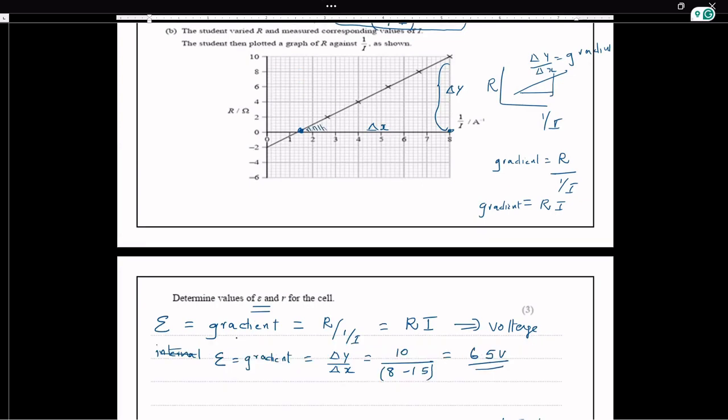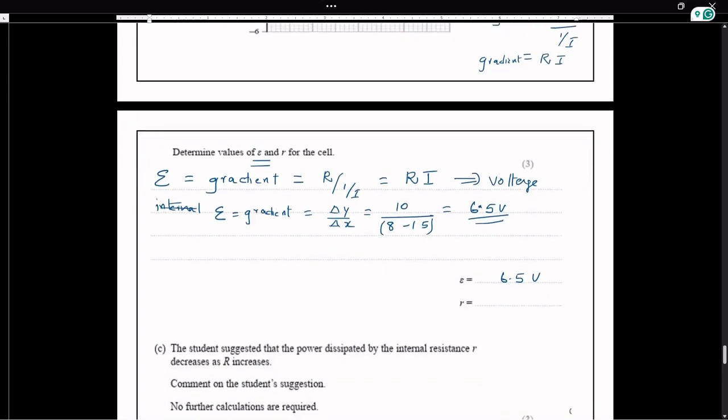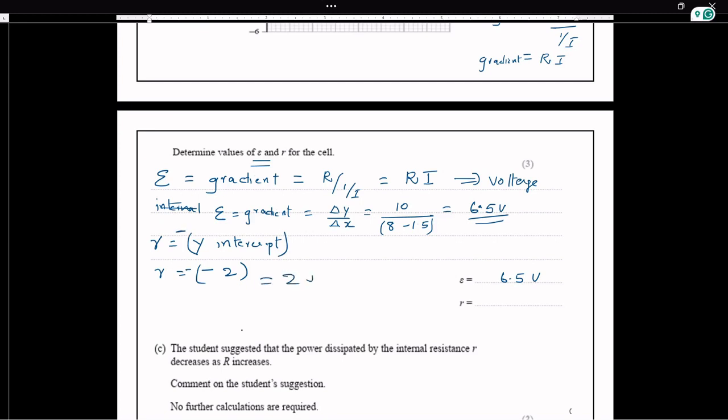I started here from this point. This is the gradient I am doing. This is delta x and this is delta y. So I got the EMF as 6.5 volt. Now what about the internal resistance? Internal resistance is the y-intercept. Actually r equals the negative of the y-intercept, the negative of negative 2, which is 2 ohms.